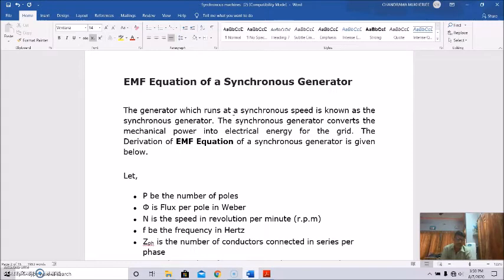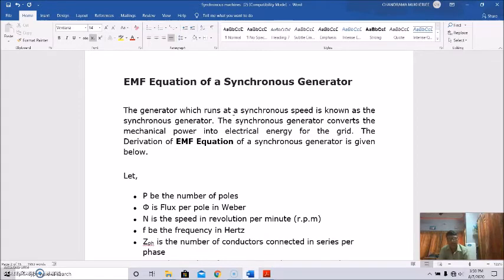DC is supplied to the field winding for excitation to create the main field, and then the rotor is coupled with the prime mover. If it is a cylindrical machine, it is used for steam turbine generators.